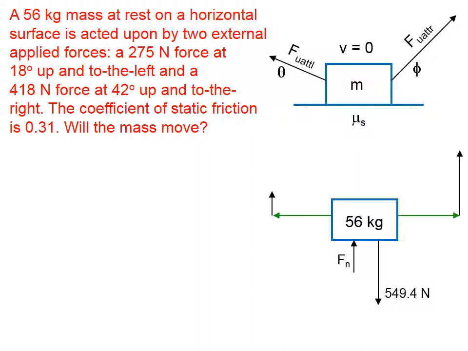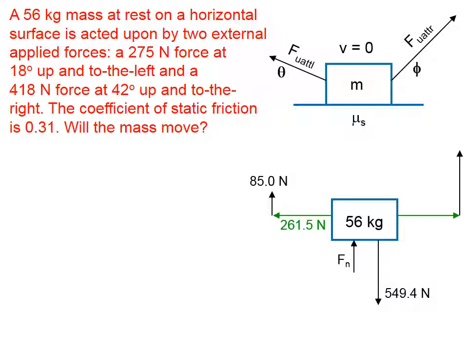So the green vectors, the ones that are parallel to the surface, will be found by taking the forces times the cosine of the angles, and the vertical components will be found by taking the forces times the sine of those angles. 275 times the sine of 18 is 85. 275 times the cosine of 18 is 261.5 newtons.